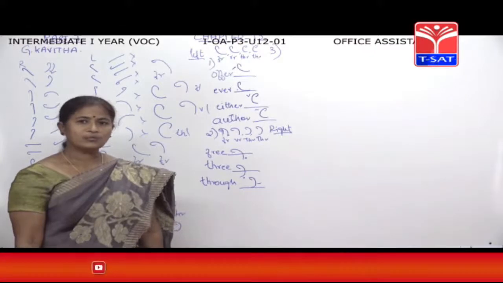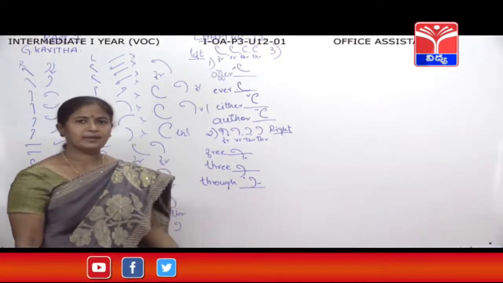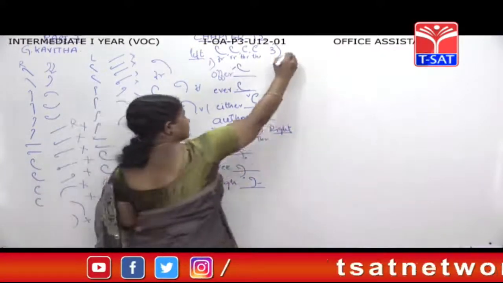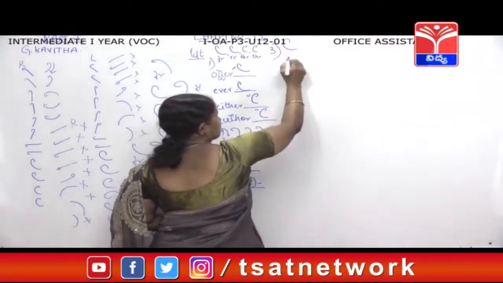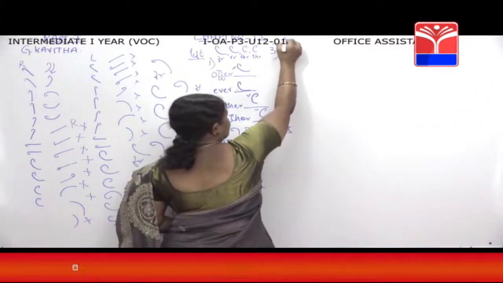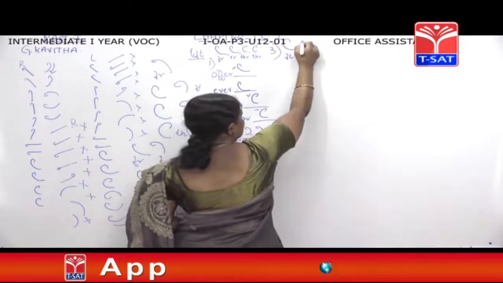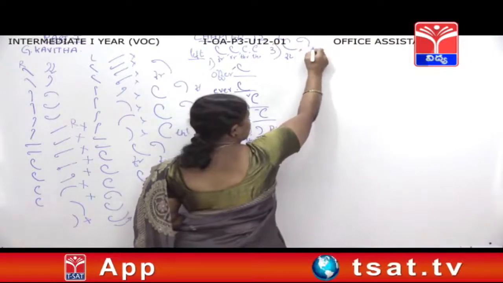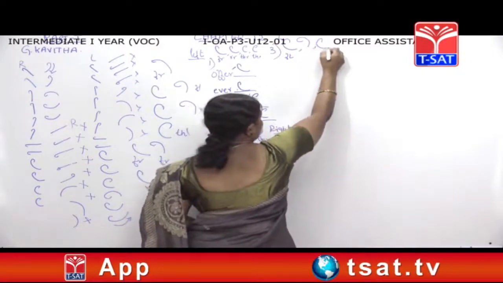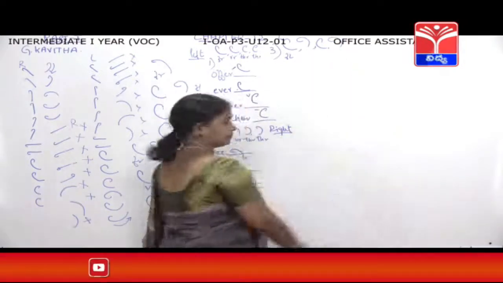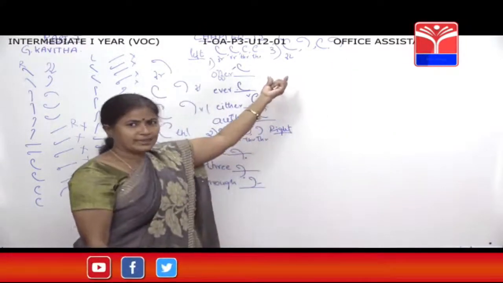Now we have two forms of full and will. These are called left forms. These are called right forms. Two forms of full and will we have.